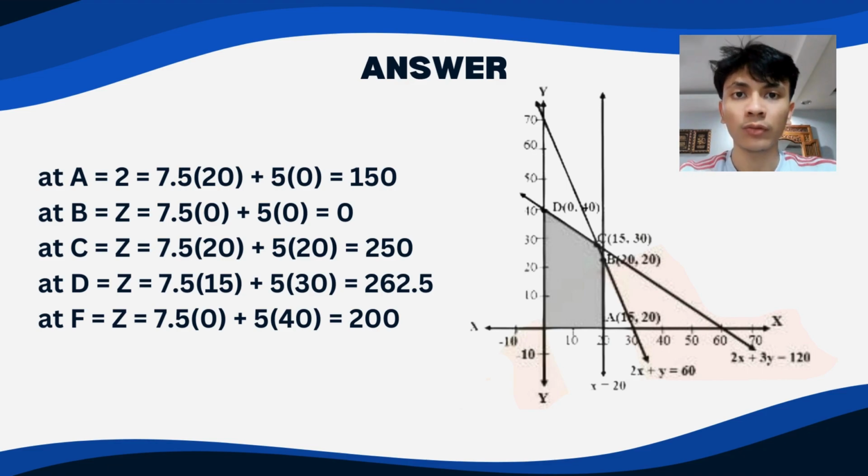And at D, we have Z equal to 7.5 times 15 plus 5 times 30 equal to 262.5. And at F, we have Z equal to 7.5 times 0 plus 5 times 40 equal to 200. From all these equations, we can see that at D, we have the maximum profit, which is 262.5. Hence, the profit is maximum at X equal to 15 and Y equal to 30.